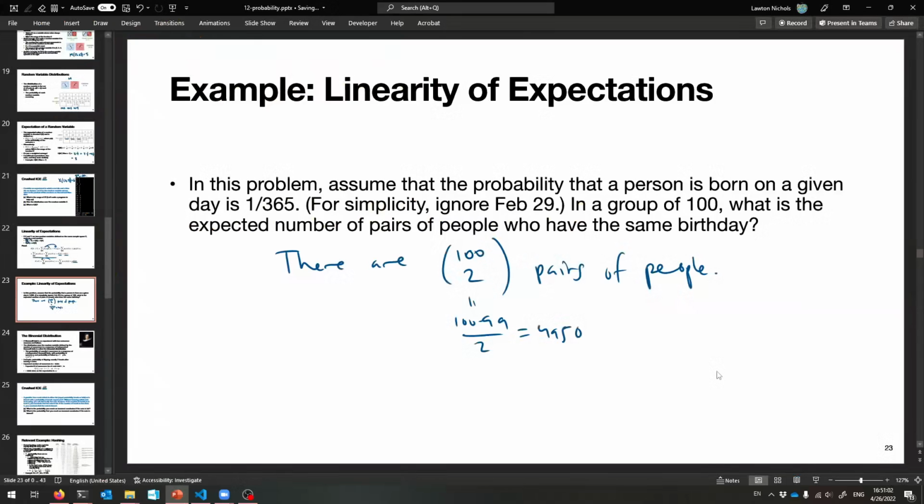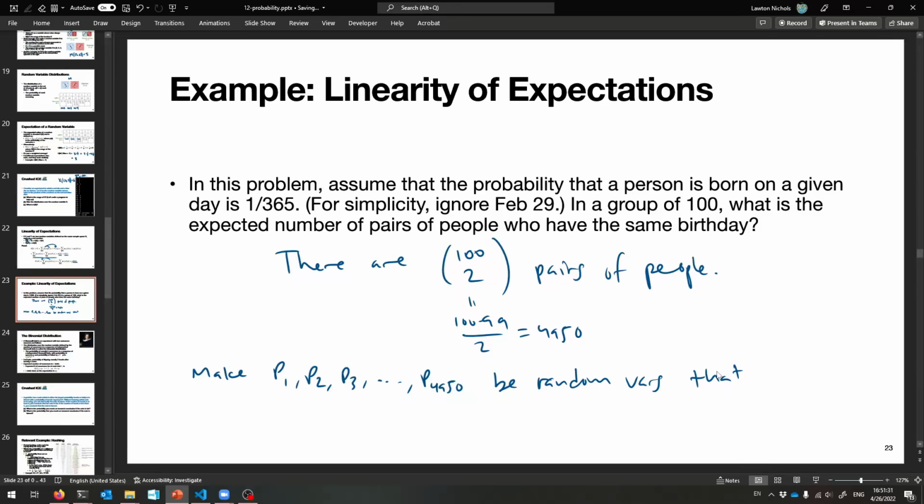And here's the idea. Let's make a bunch of random variables. Let's make random variable p1, random variable p2, random variable p3, all the way to random variable p4950, for every possible pair of people. Let them be random variables, we have to make a number for every random variable. They have to give back numbers, right?